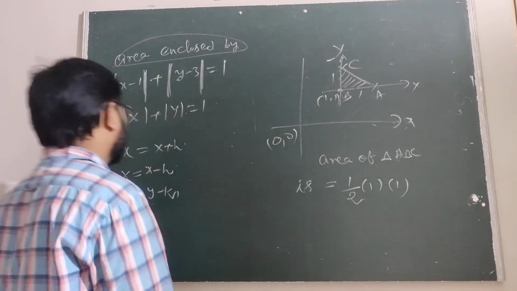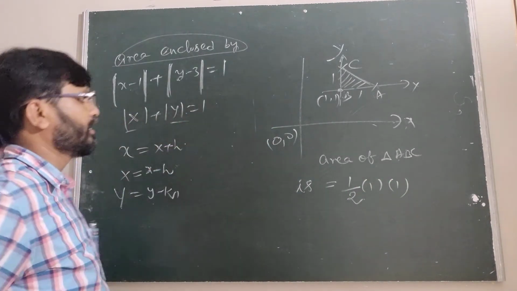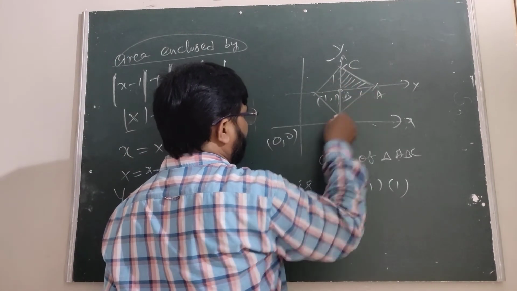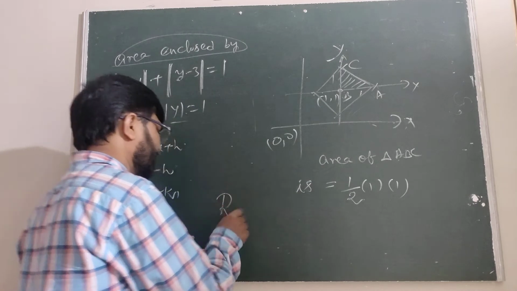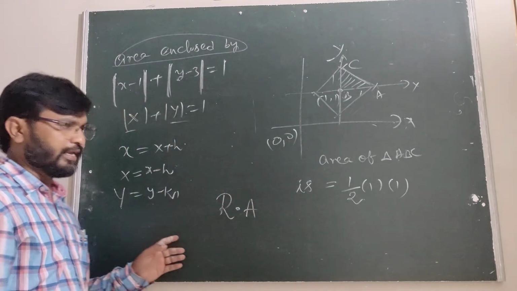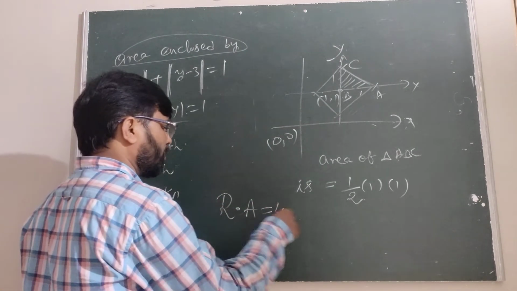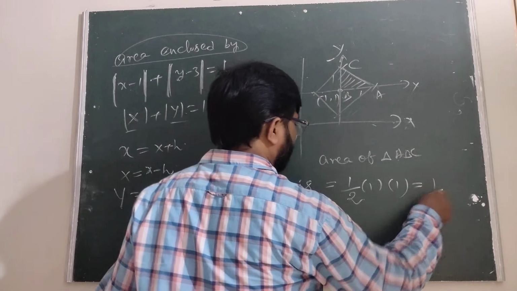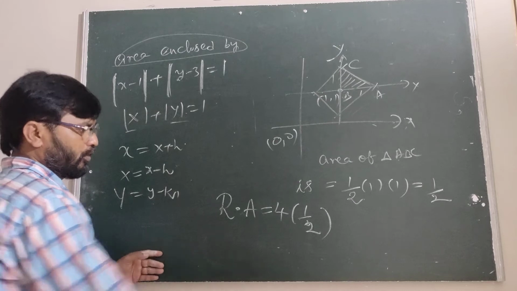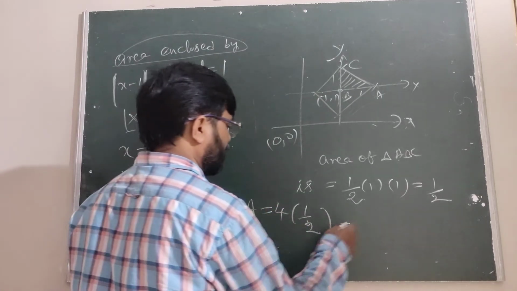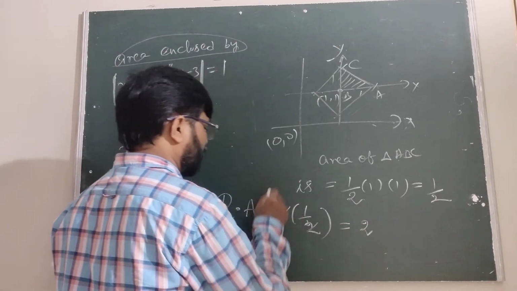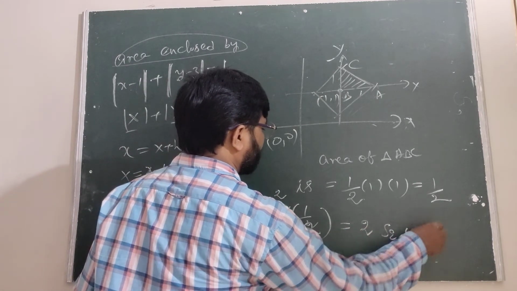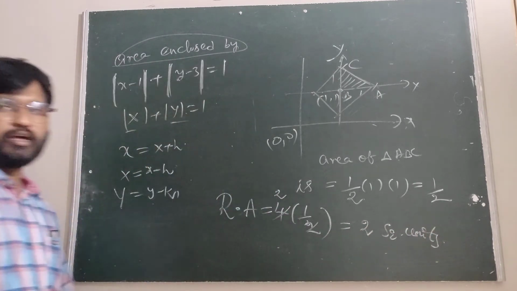But here the mod is there, so we write this one, this one and this one. The required area equals 4 times 1 by 2. Now this can be written as 2. Two 1s are 2, two 2s are 2 square units. Is it right? This is the area of the rhombus.